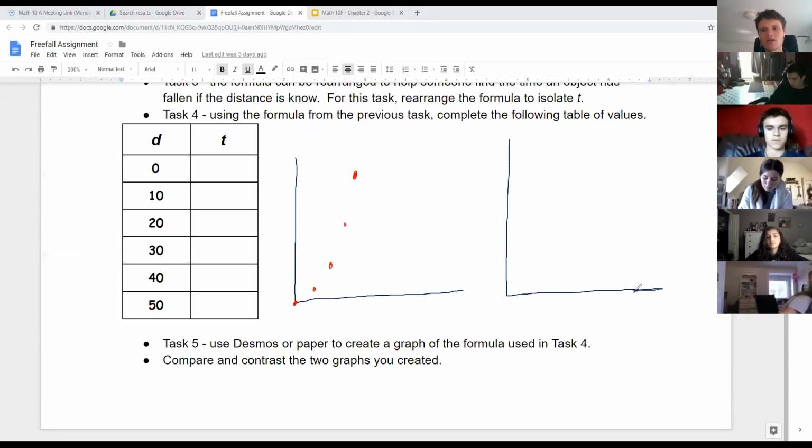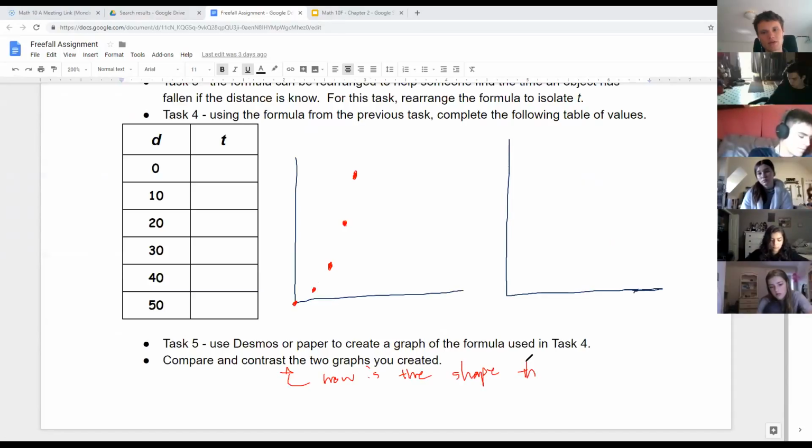Can you describe how the curve is the same and how it is different? How is the shape the same and different?